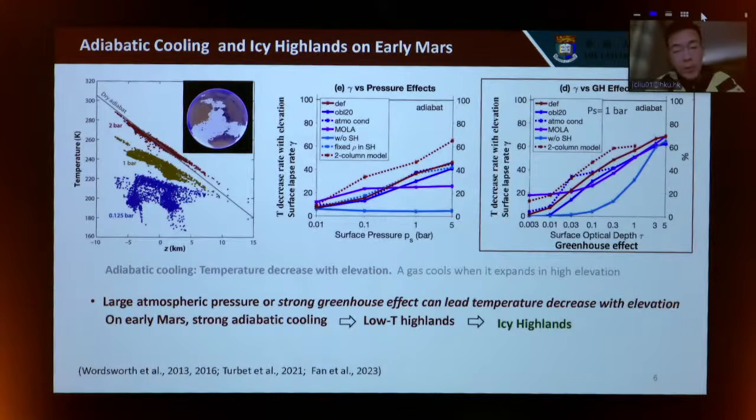Recent work shows that the greenhouse can also produce strong adiabatic cooling. On early Mars, there were both a strong greenhouse and pretty high atmospheric pressure, so there should be pretty strong adiabatic cooling. The temperature is pretty low in the highland region, and the low temperature can accumulate abundant water vapor to form water ice, forming the icy highlands.